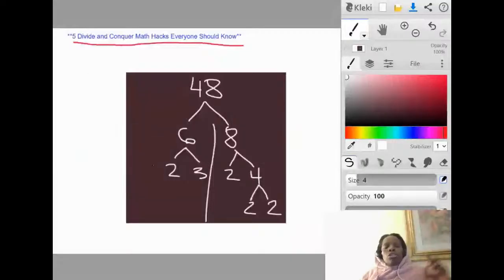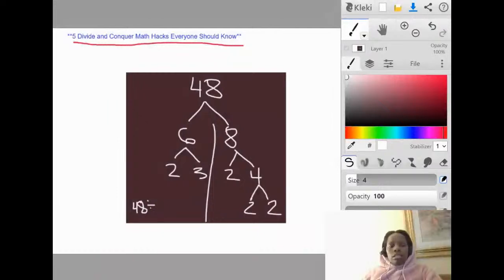Let me also go this far. Say, for instance, you want to know what is 48 divided by 2 times 3 times 2, right? Say you split it like this. You split it 2 times 3, which is 6. 6 times 2 is 12.